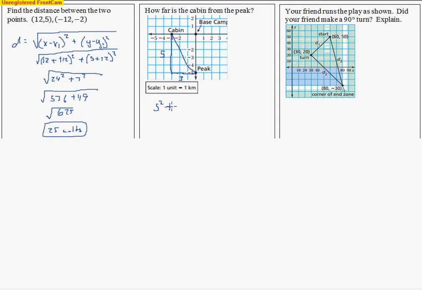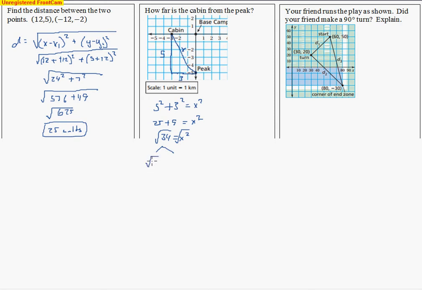5 squared plus 3 squared equals x squared, the distance between the cabin and the peak. So this makes 25 and 9, and this makes x squared. I add these two numbers together and I get 34. So I'm trying to find the square root of 34, and I can go ahead and approximate this.